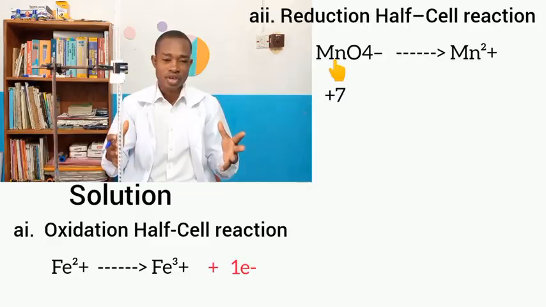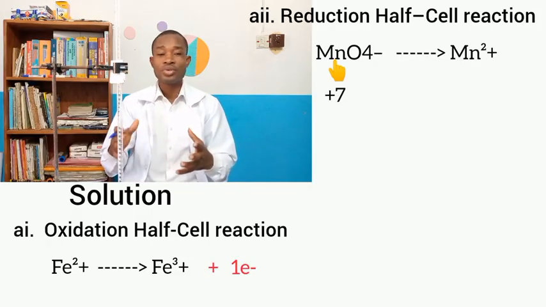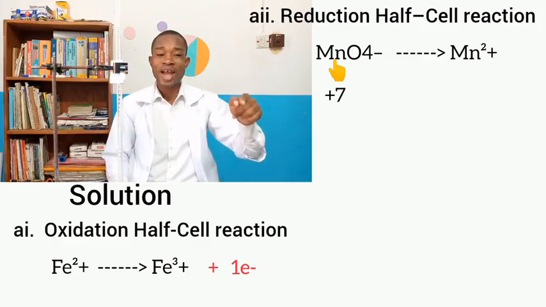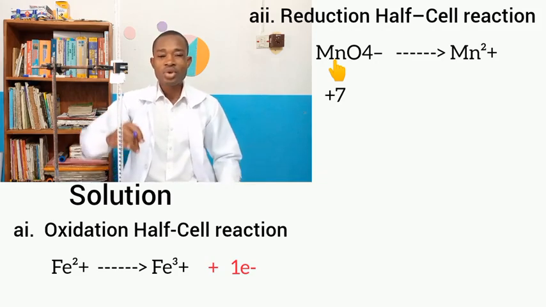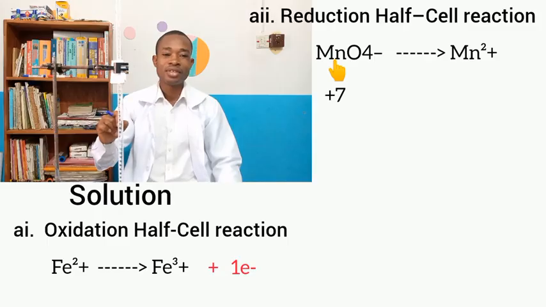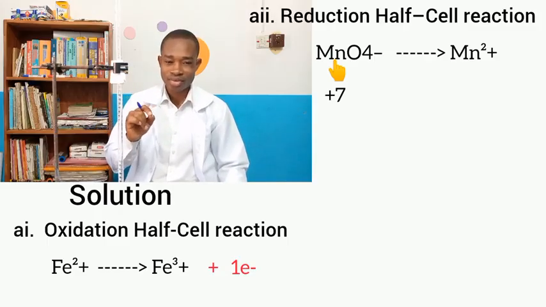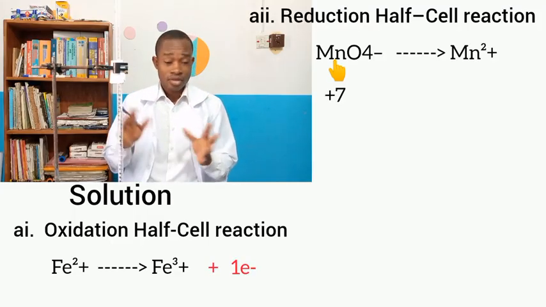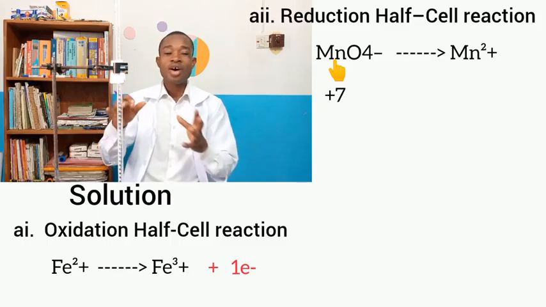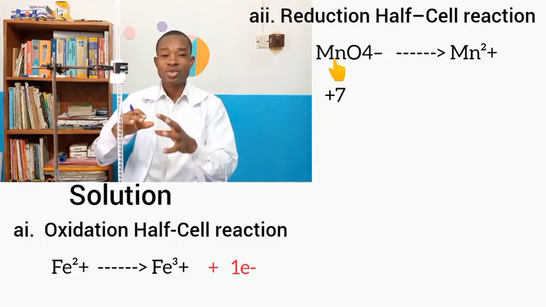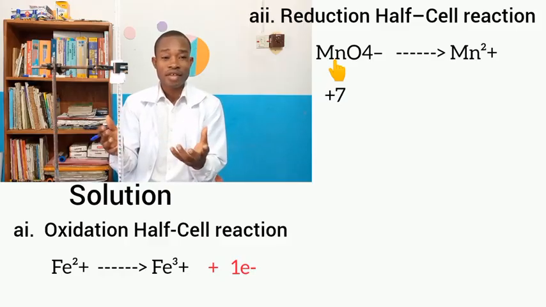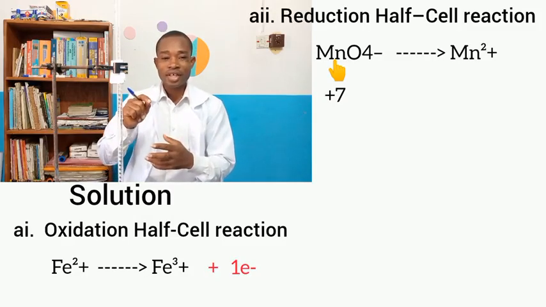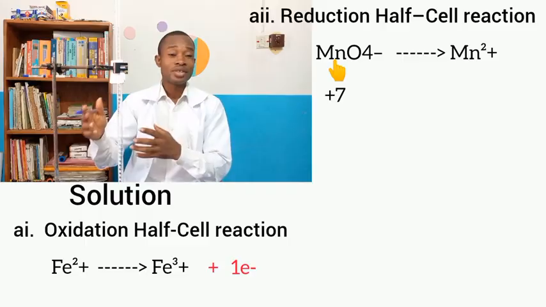So during the reduction process, it is going to be reduced to manganese 2. The iron 2, which is serving as the reducing agent, is going to reduce the manganese 7 to manganese what? 2 in the reduction process. So you get the point. As an oxidizing agent, the potassium manganate 7 solution is going to be reduced. The manganese 7 there will be reduced to manganese 2.